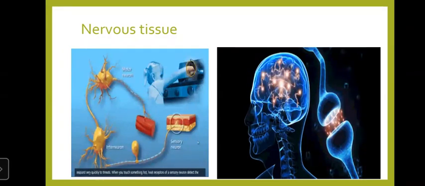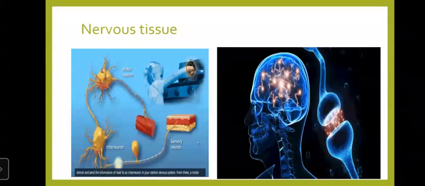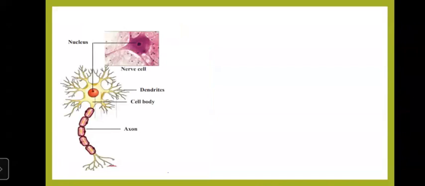Now, let us study this nervous tissue in detail. This is called a neuron. Neuron is the fundamental unit of nervous tissue.